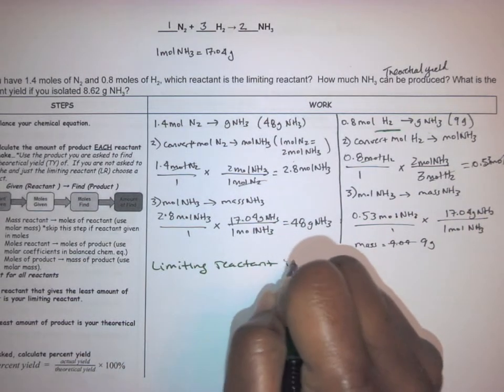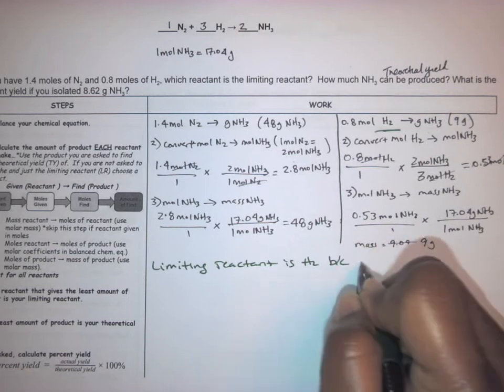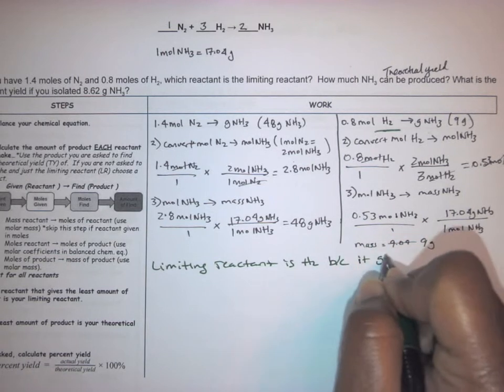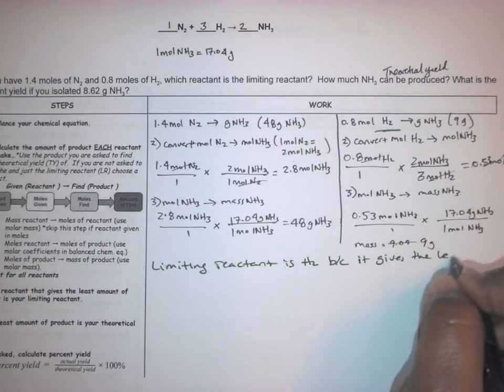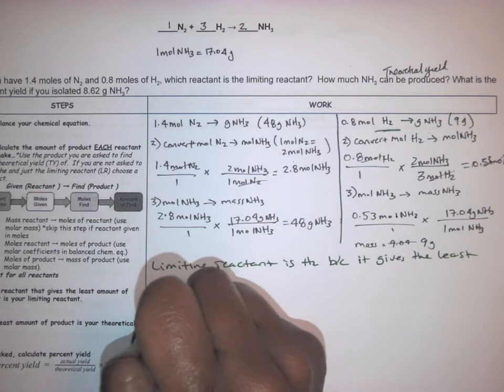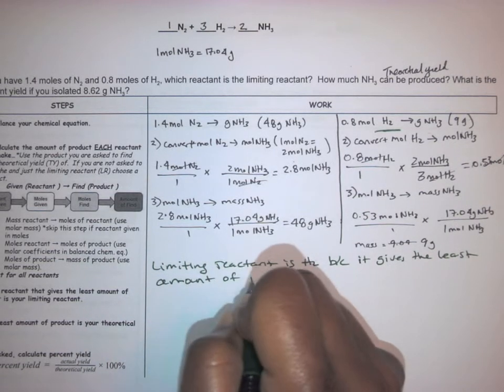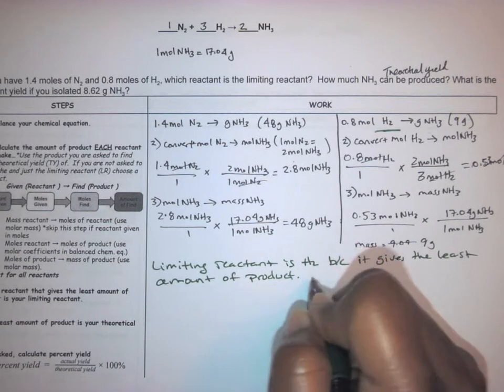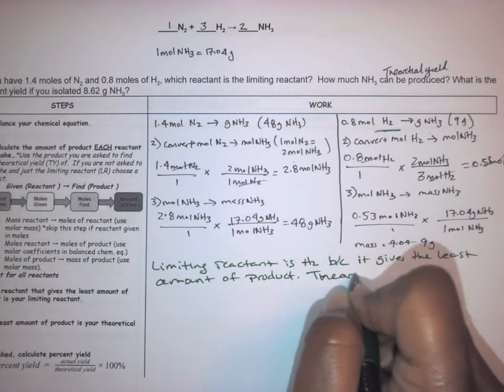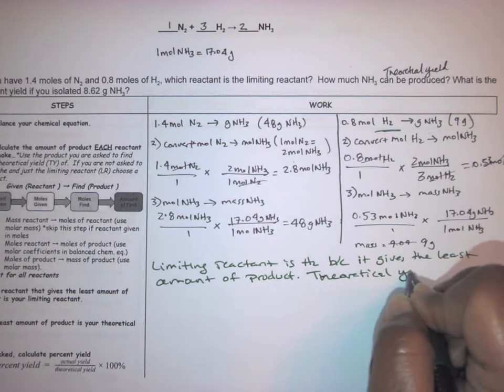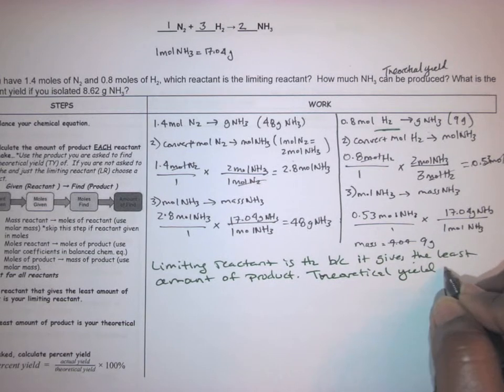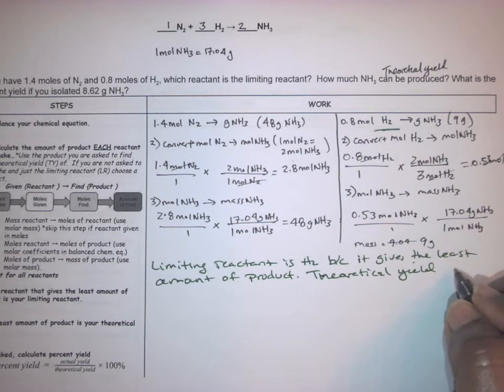So my reactant is H2 because it gives the least amount of product, and the theoretical yield is 9 grams NH3.